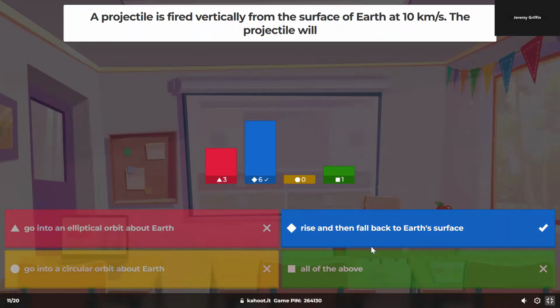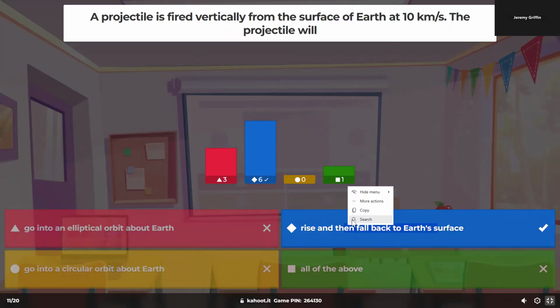Yeah, the best answer is probably this one here. It's going to rise but eventually fall back. I should pick the red one. That might not be completely terrible because the speed would be consistent with that. If you got it going 10 kilometers per second, you would need to go on an angle so it could start revolving around the Earth. Yeah, it's just going to go straight back down.